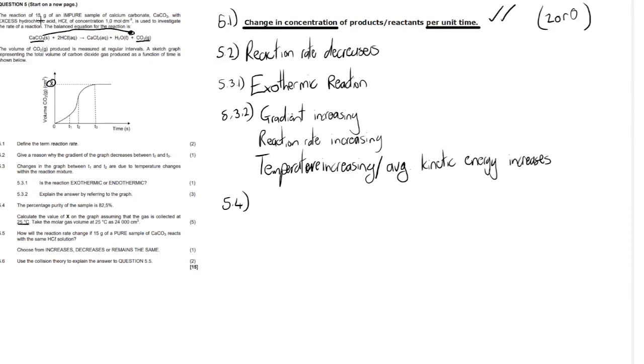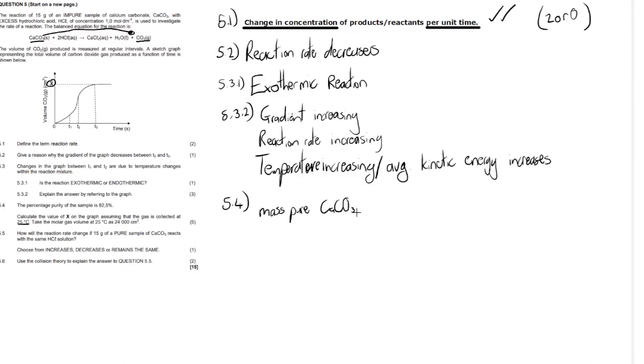They started with 15 grams of impure calcium carbonate, but they tell us 82.5%. And so I'm going to write this out: the mass of pure calcium carbonate. I'd suggest you do the same. When you do stoichiometry questions, write down short descriptions of what you do.